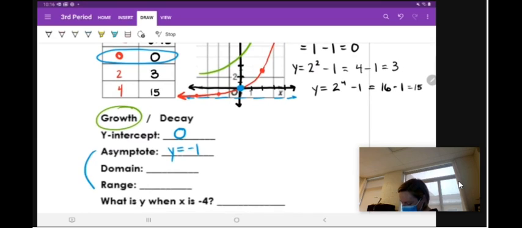And your asymptote and your range go hand in hand. If your asymptote is y equals -1, your range is y is greater than -1, right? Because our function is above the asymptote, greater than. I skipped over domain, but domain's the easy one. The answer for domain is always all real numbers.